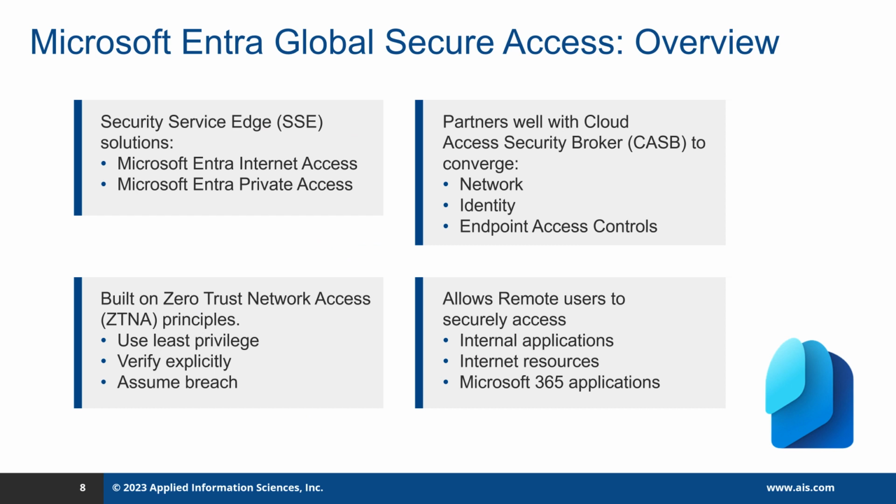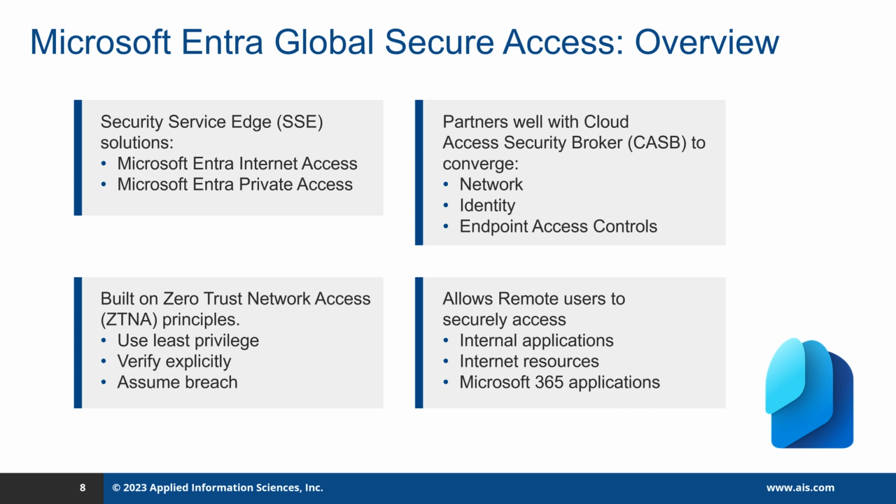So there are two solutions rolled up into Global Secure Access, as Michael mentioned previously. They are Entra Internet Access and Entra Private Access. They do work well implemented with other security measures as well, such as CASB, and so that will give you a layered security approach. It's built on zero trust network access principles.